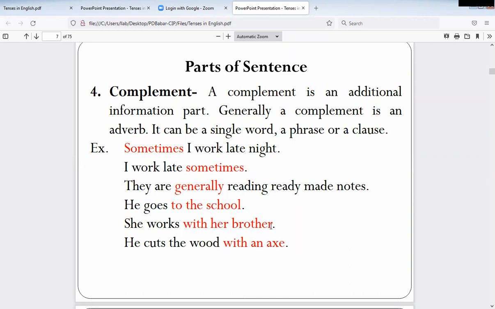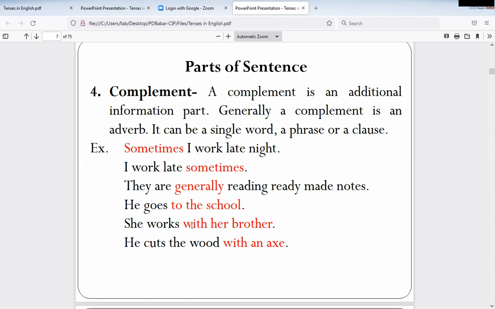She works with her brother. So here she is the subject. Okay, she is the subject in this sentence. Works is the object of the sentence. No, works is the verb of the sentence, and with her brother is called the complementary part or complement of the sentence. She subject, works verb, with her brother.